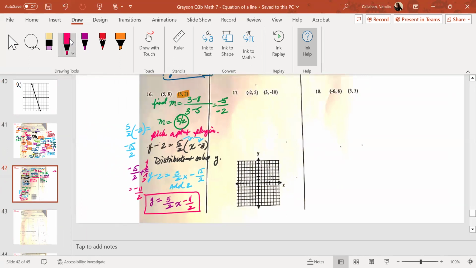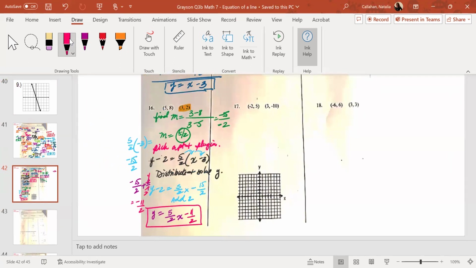Take a look at what I did. There's a fraction there, so be careful with that. Oh no, I messed up. Hold on, let me go back. I had to erase all of this.